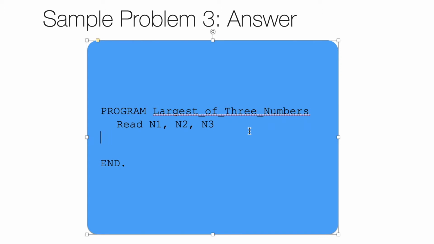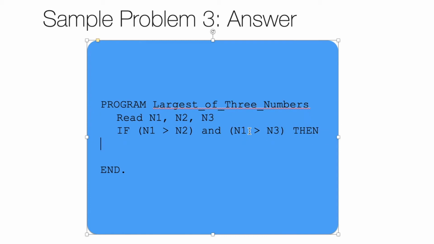Now what we need to do? We need to find out what is the largest of these three numbers. So first we need to use the comparison operation. That is, if n1 is greater than n2 and n1 is also greater than n3, then what will be the largest?